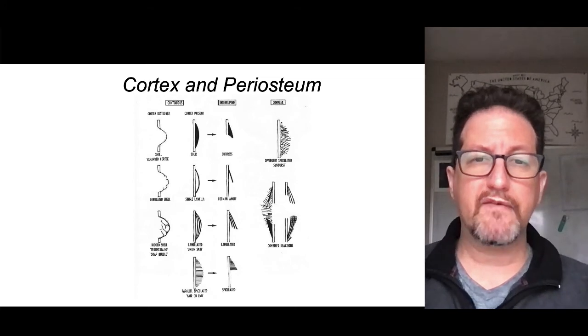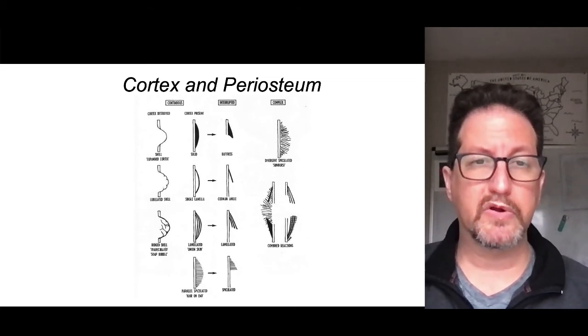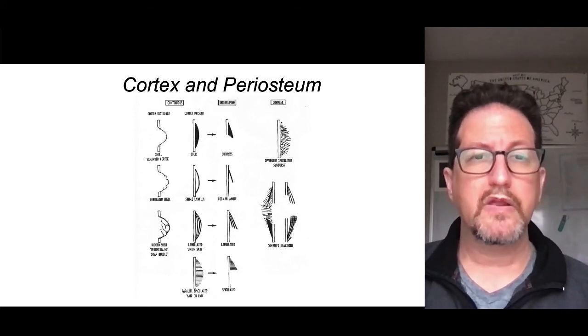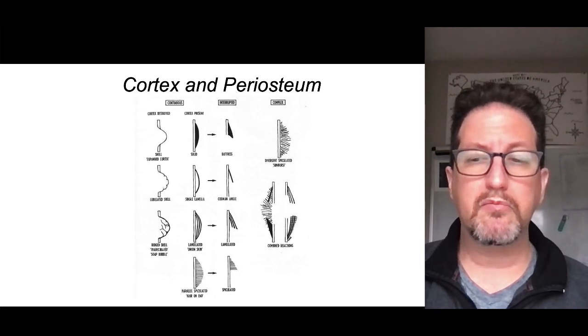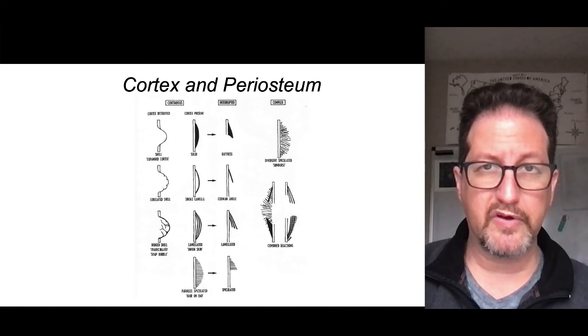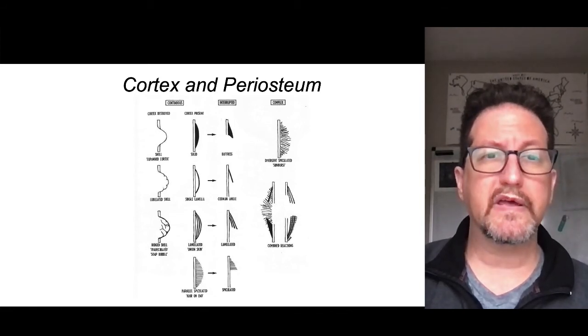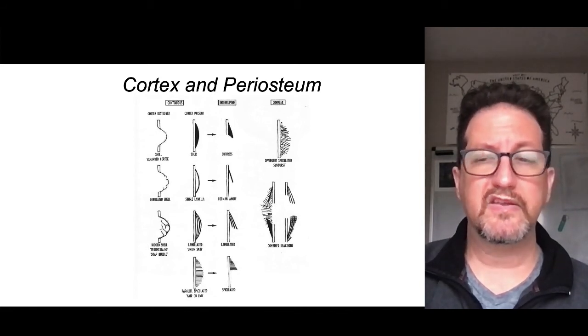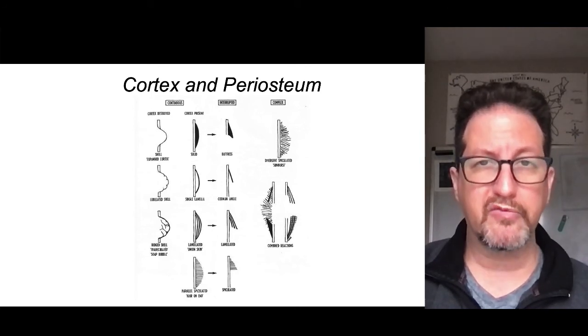And then finally, you can have combinations of those things, which is what the complex is about. Now, obviously, the more benign or the less cancerous this is, the more likely you're going to have a continuous type of cortical and periosteal involvement.